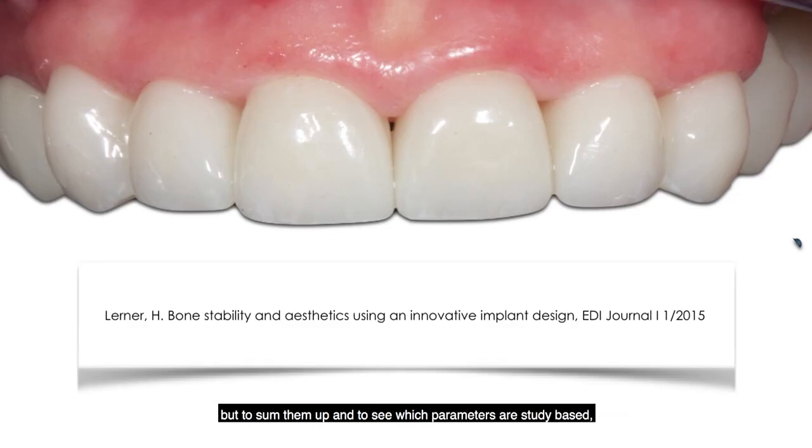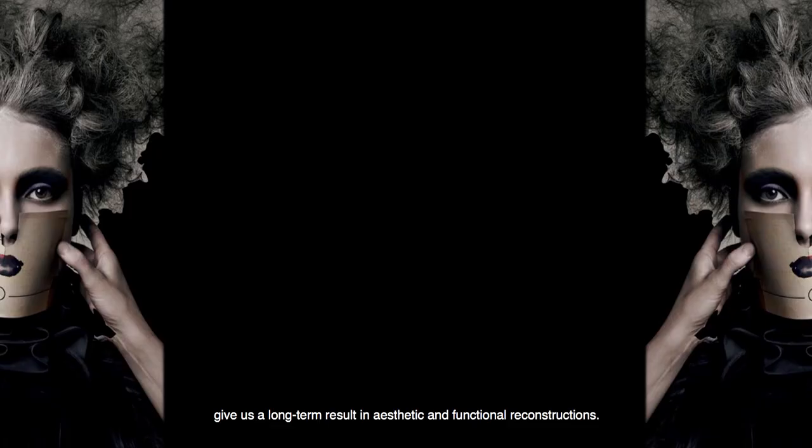We don't know everything, but we want to sum them up and see which parameters are study-based, make our treatment predictable, increase the rate of predictability, and give us a long-term result in aesthetic and functional reconstructions.